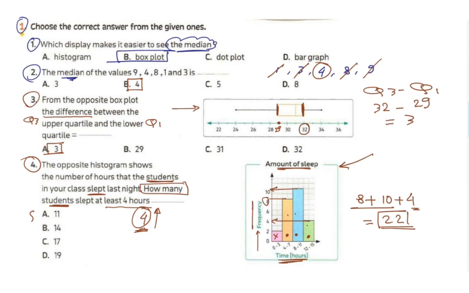Unfortunately, there is no 22 here, but the correct answer is 22. It's missing here. None of these choices are correct, but the correct one is 22, because all these intervals are greater than 4 hours and I have no limit.